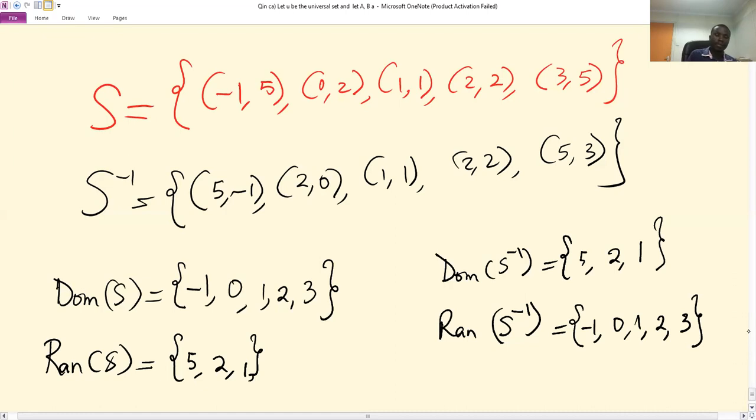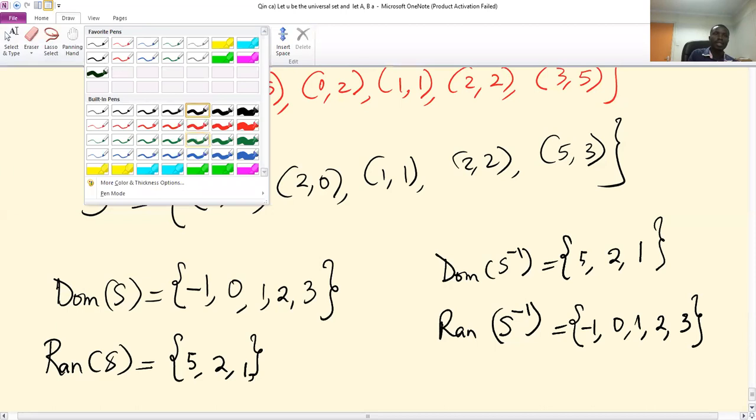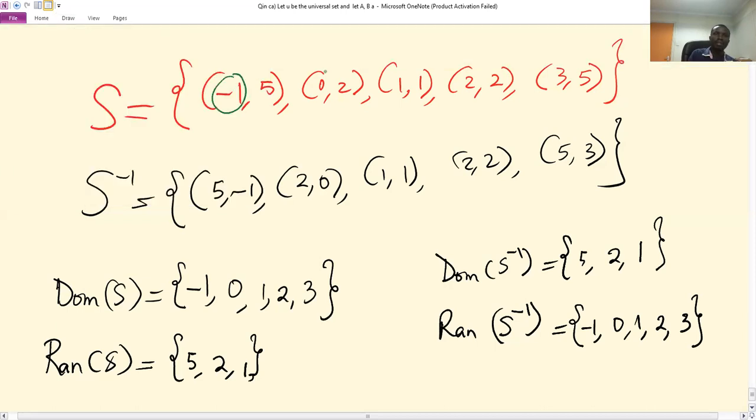Now, to determine whether each of these two is a function, just identify the first elements in each pair. Since -1, 0, 1, 2, and 3, all of them are different, so this is a function.